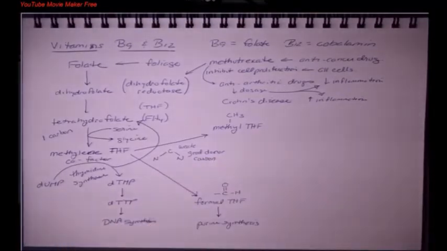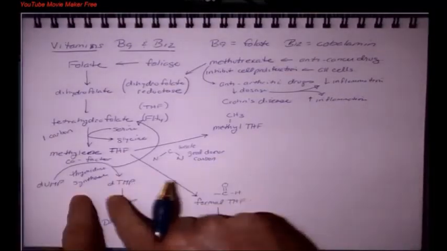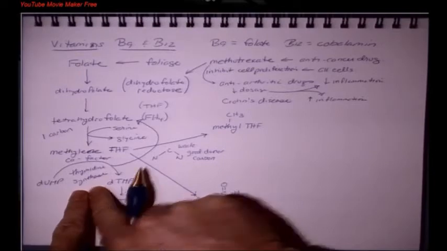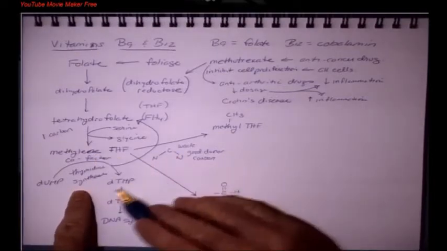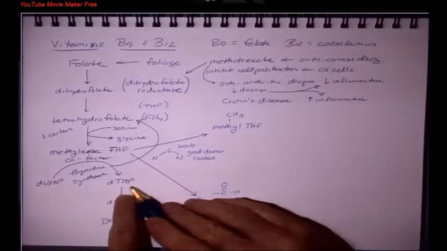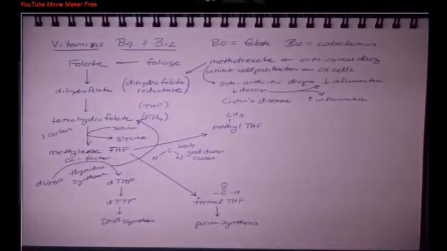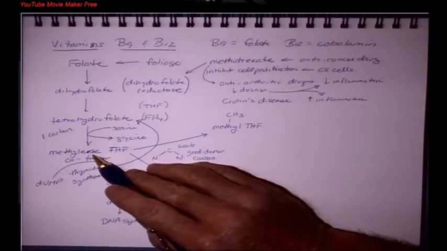So simply what that means is this reaction of thymidylate synthase can take that carbon very easily off of this structure and add it to UMP to make TMP. It's very easy to extract that carbon and put it on that molecule.